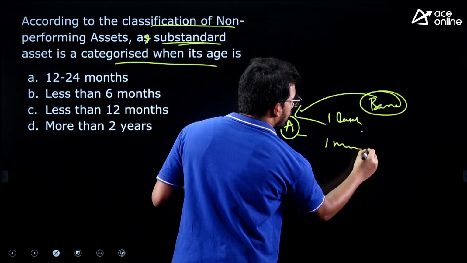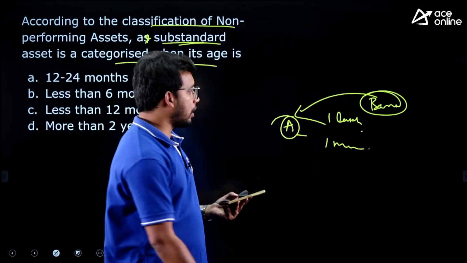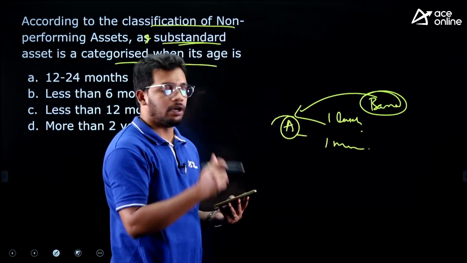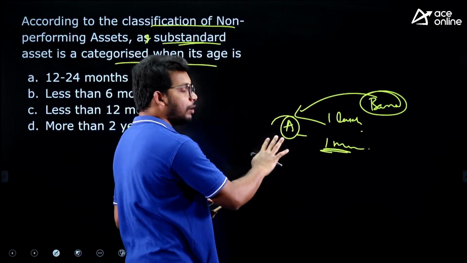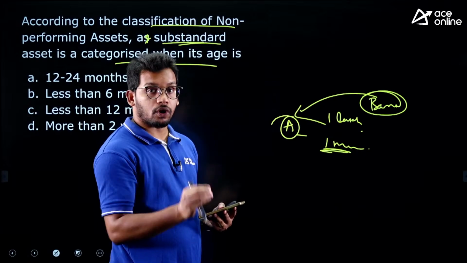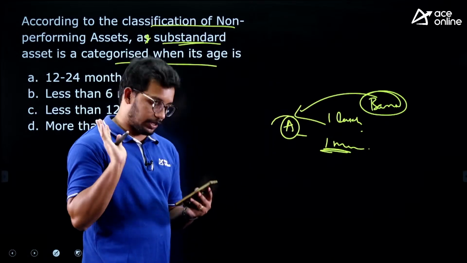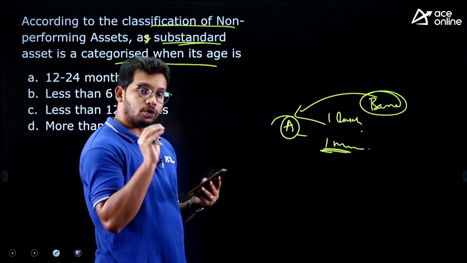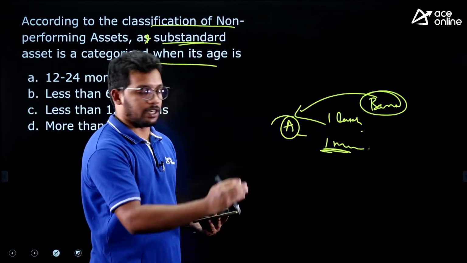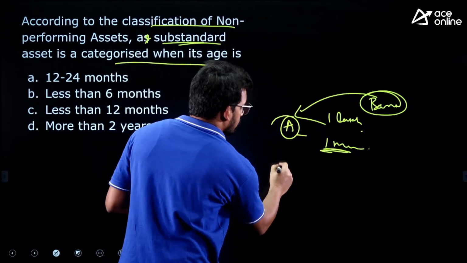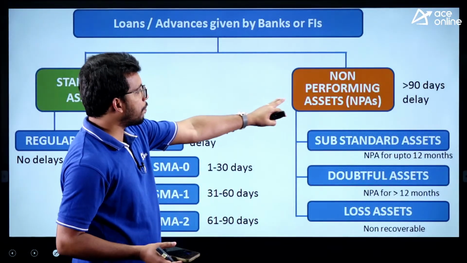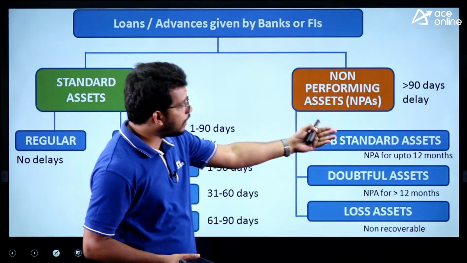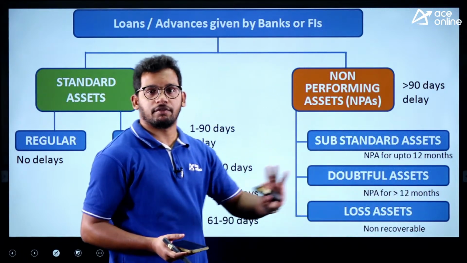For example, with a home loan, I have to pay every month. If I don't pay on time, those are called non-performing assets. So there is a sub-classification of NPA. Non-performing assets means delay in paying the loans that we have taken from the bank.